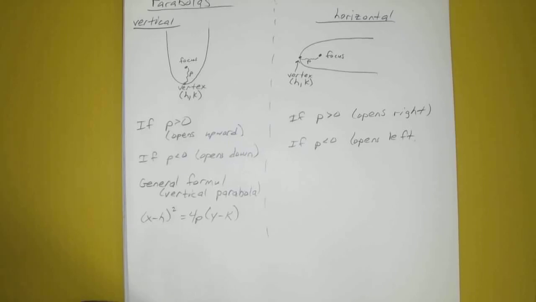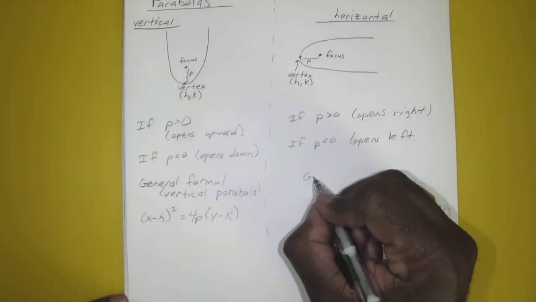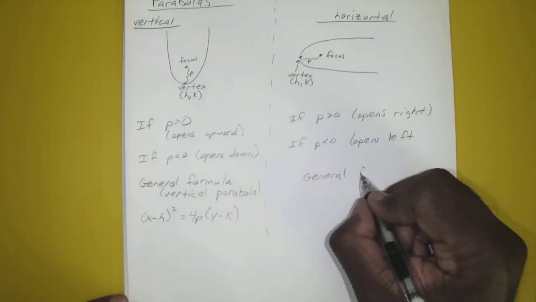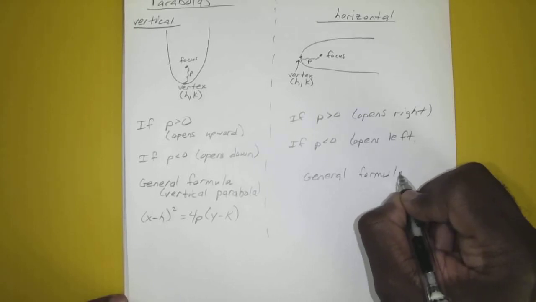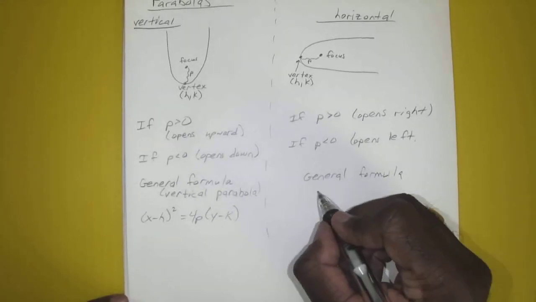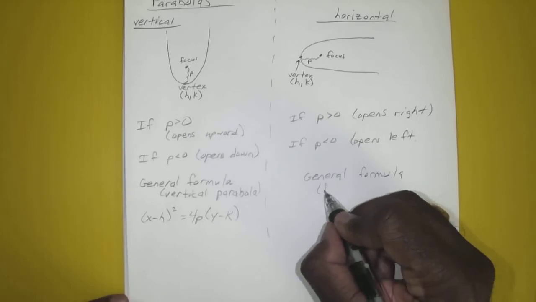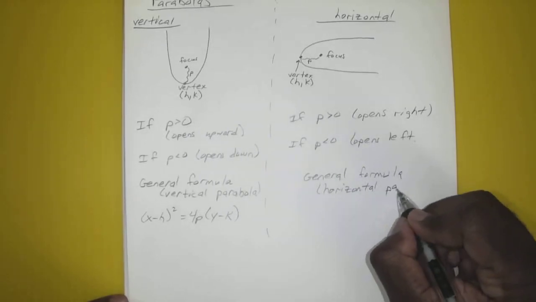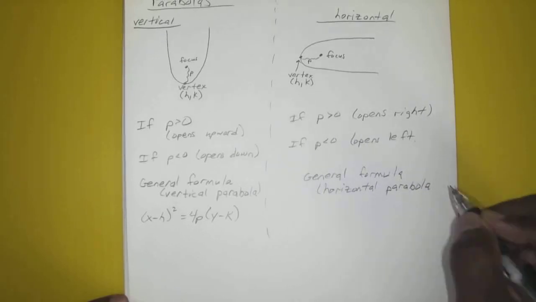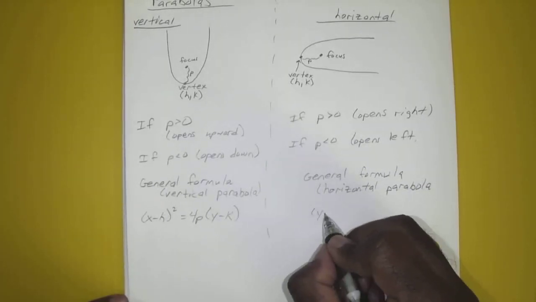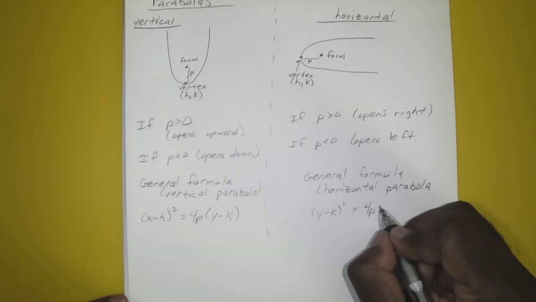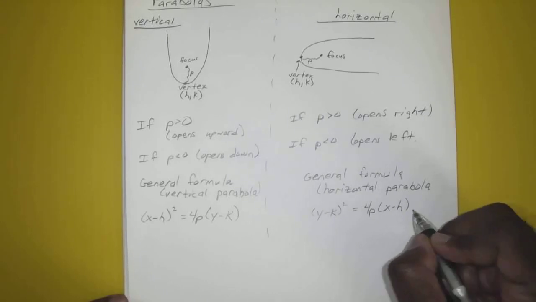Now for horizontal, the x and y terms kind of switch. So our general formula, forgot the a, for our horizontal parabola is (y minus k) squared equals 4p times (x minus h).